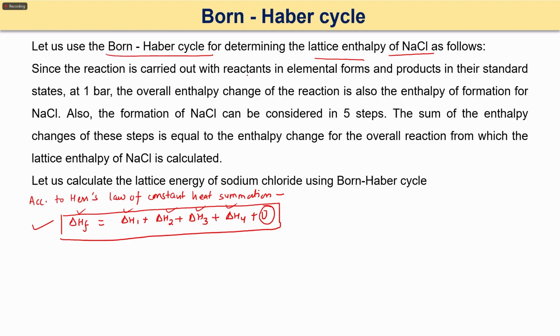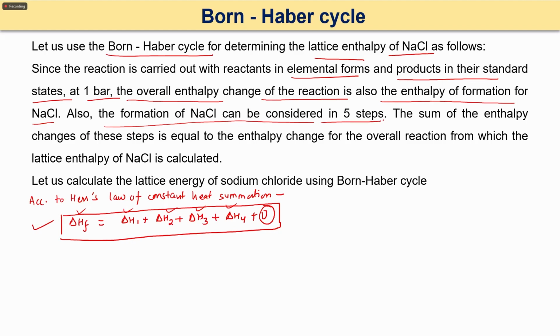Since the reaction is carried out with reactants in elemental form and products in their standard states at 1 bar, the overall enthalpy change of reaction is also the enthalpy of formation for sodium chloride. Also, the formation of sodium chloride can be considered in 5 steps.